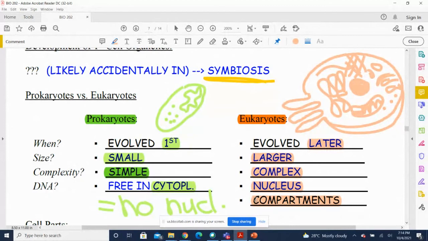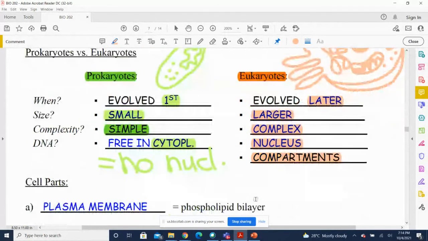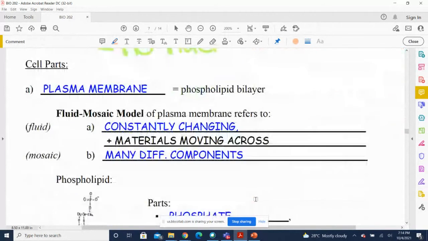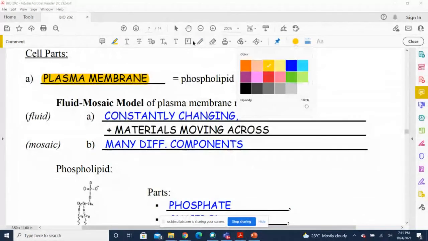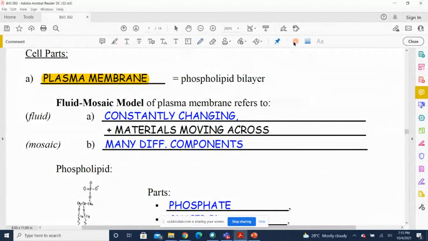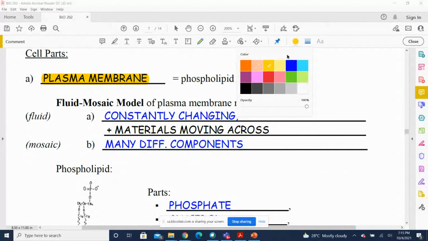And we also took this chapter as a chance to go through the different cell parts. The first part that we're going to start by discussing is our plasma membrane. You remember that whenever we talked about plasma membrane or phospholipid bilayer or cell membrane, it all meant the same thing. There are many names for the same stuff when the stuff is very important.